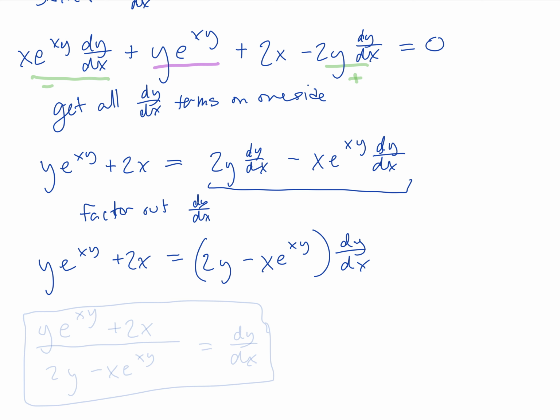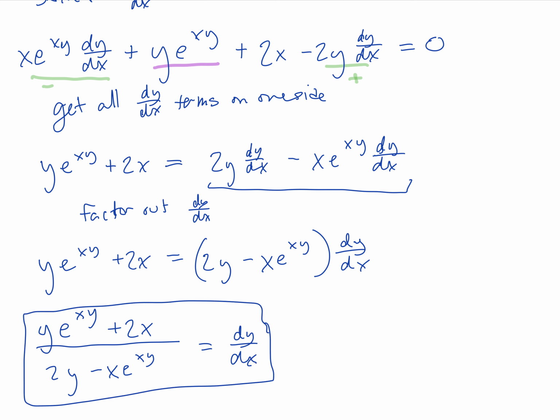And we have y e to the xy plus 2x divided by 2y minus x e to the xy is equal to dy/dx. And that is our derivative, dy/dx is equal to y e to the xy plus 2x divided by 2y minus x e to the xy.